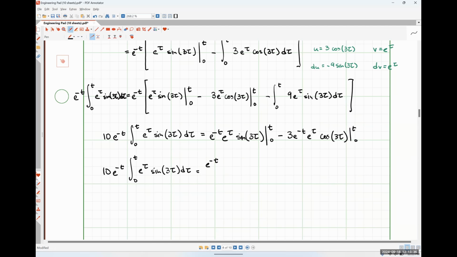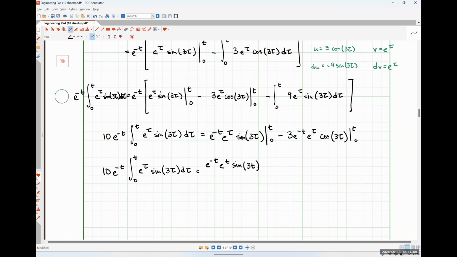When I substitute in t, I'm going to get e to the t sine of 3t. When I substitute in 0, what's sine of 0? Sine of 0 is 0, which means I'm not going to have a second term.